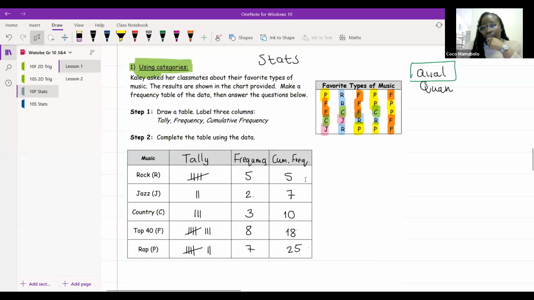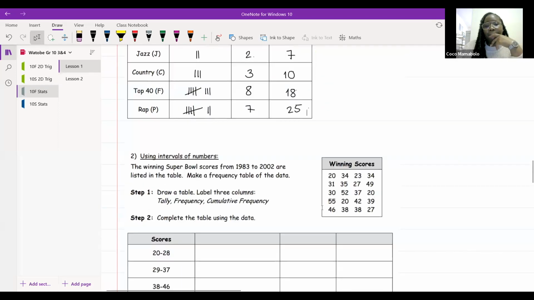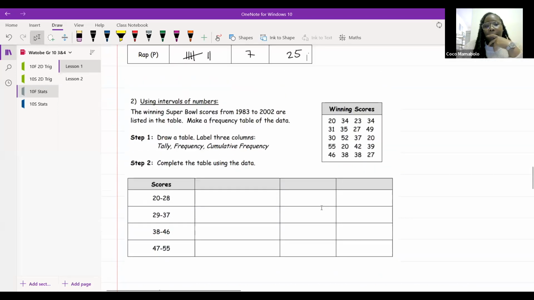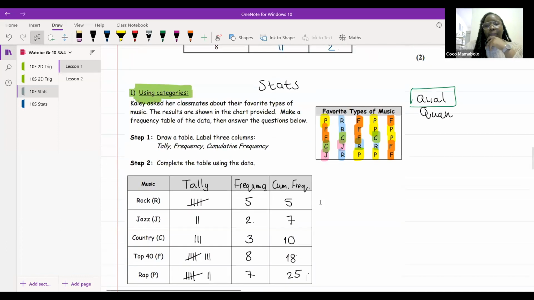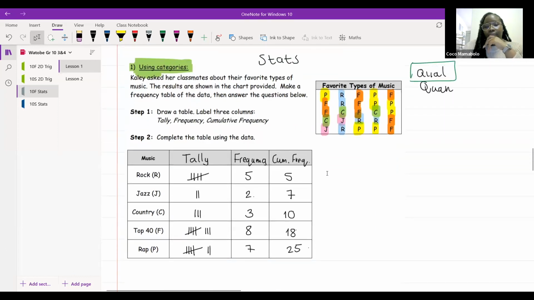Thank you, ma'am. I understand now. Okay, excellent. Princess, what's up, my sweetie? Could you scroll up again? So basically, what you have to do is take the other frequency and add it to the first frequency, and that is your answer for the cumulative frequency. Correct.